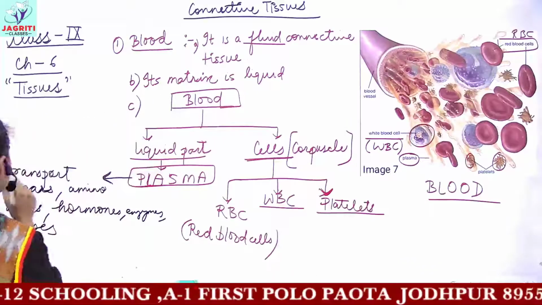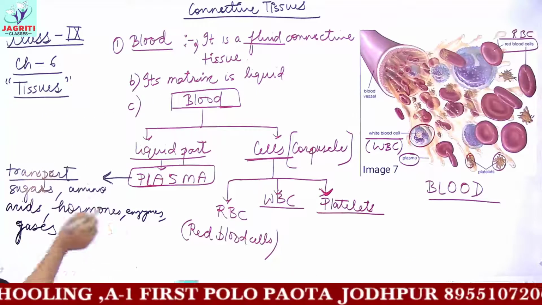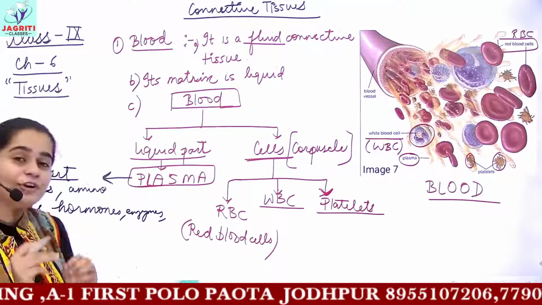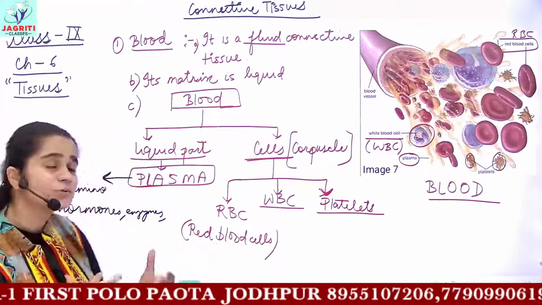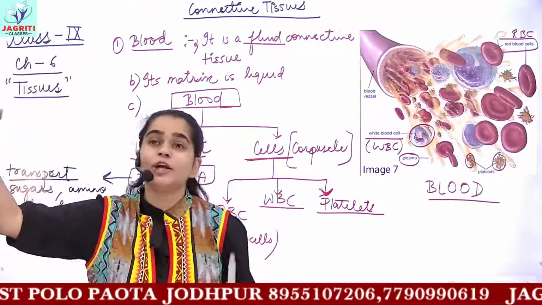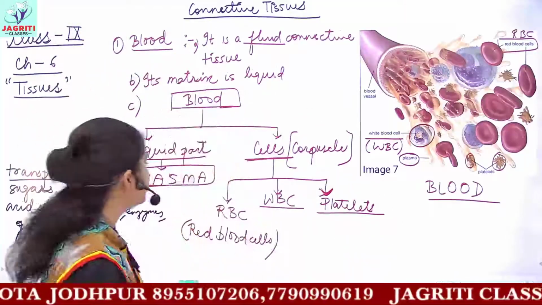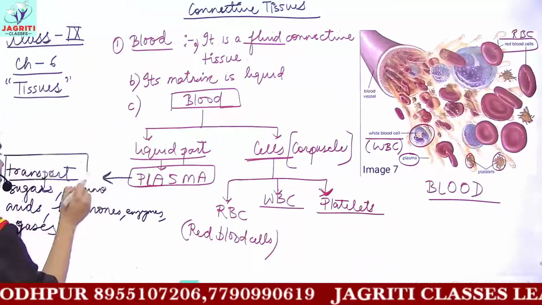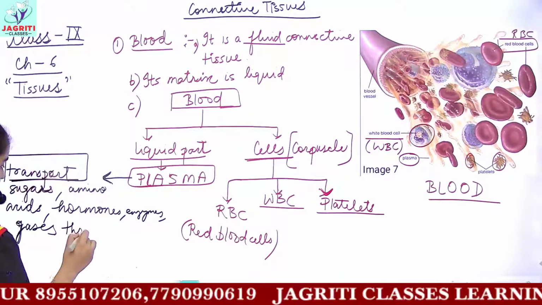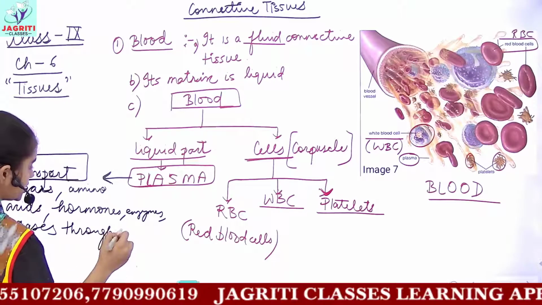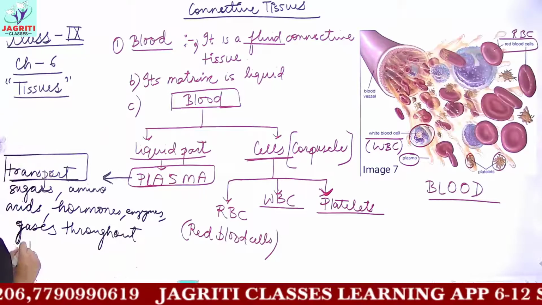So it transports sugars, amino acids, hormones, enzymes, gases, that is every material. It also transports waste material from one part of the body, that is from one cell to a different cell. So this is the function of plasma. It helps in transportation. It transfers various substances throughout the body.